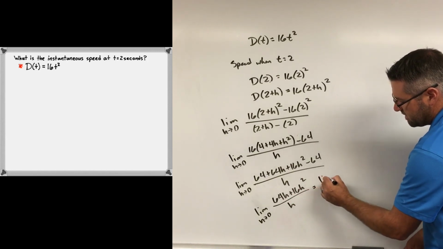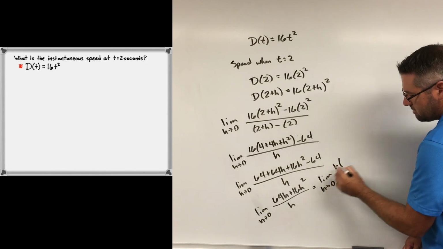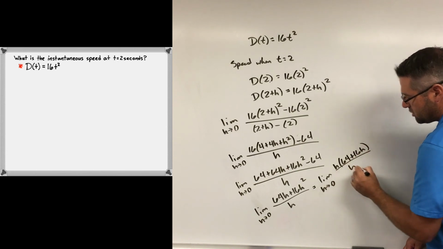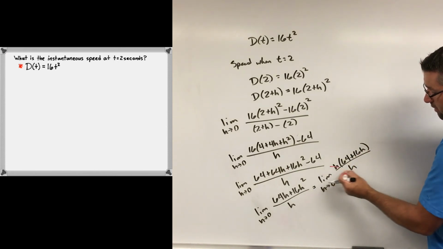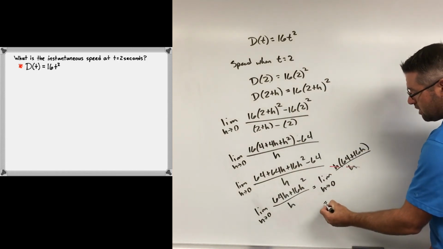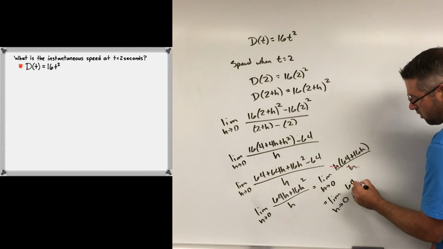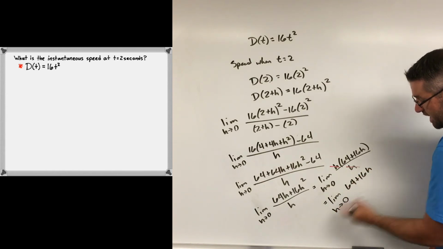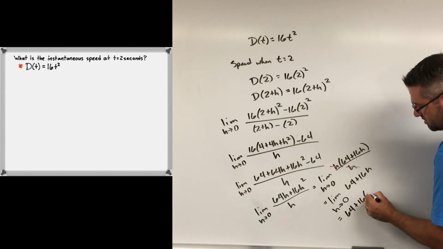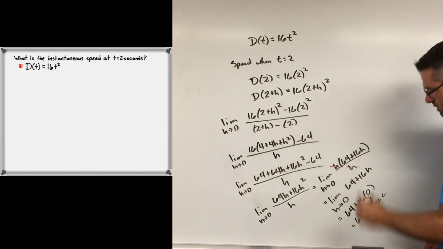So I'm going to factor: that's the limit as h approaches 0 of h times 64 plus 16h, over h. And now we can see, oh, the h is reduced just like the factors reduced in the previous problems. So we're left with the limit as h approaches 0 of 64 plus 16h. And now we can just substitute. So we end up with 64 plus 16 times 0, which is 64 feet per second.